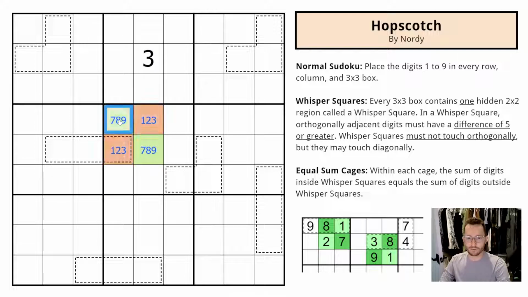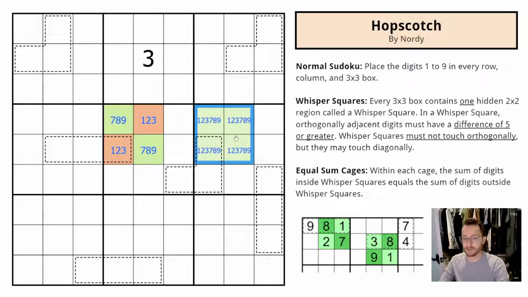Now we know basically what's going to happen whenever we place any whisper square into the grid. It's going to look like this, possibly rotated, and it's just going to be somewhere in here with this arrangement of low and high digits in a checkerboard. If we take the general case, the candidates for the general whisper square are 1, 2, 3, 7, 8, 9, which is a sextuple.